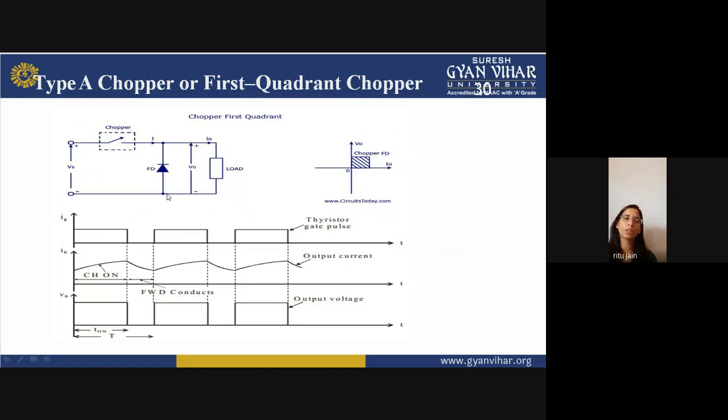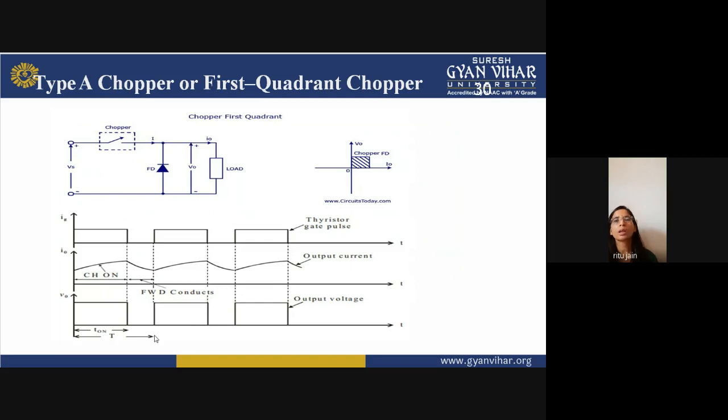It does not oppose the current, and the voltage is zero in that case. So the current is flowing but the output voltage is zero. The voltage and current are both positive whether the thyristor is turned on or off.